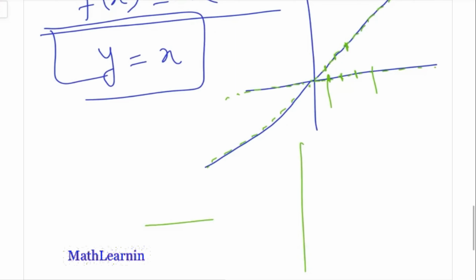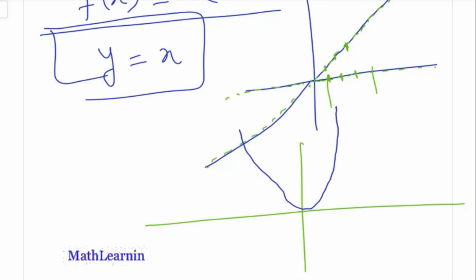You see, this is my curve. Can somebody tell me what kind of curve this is? Parabola.